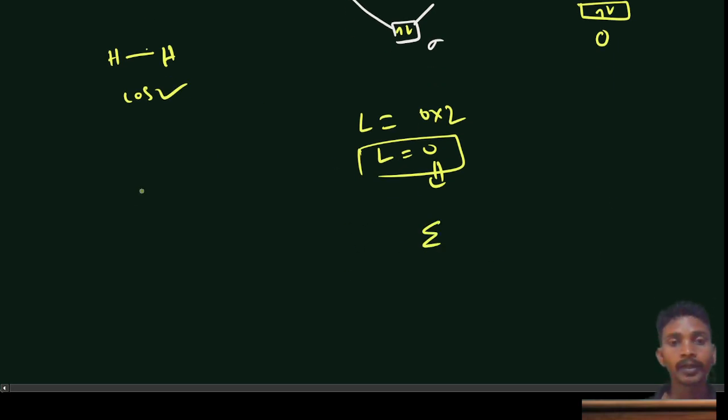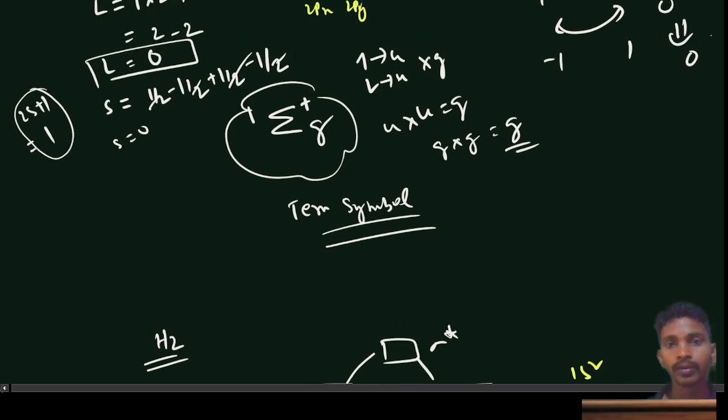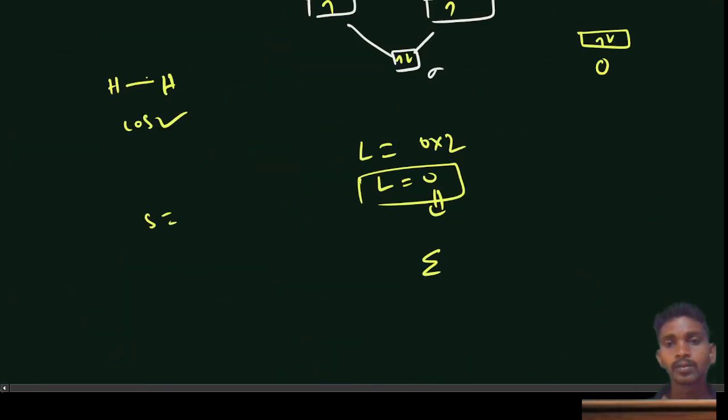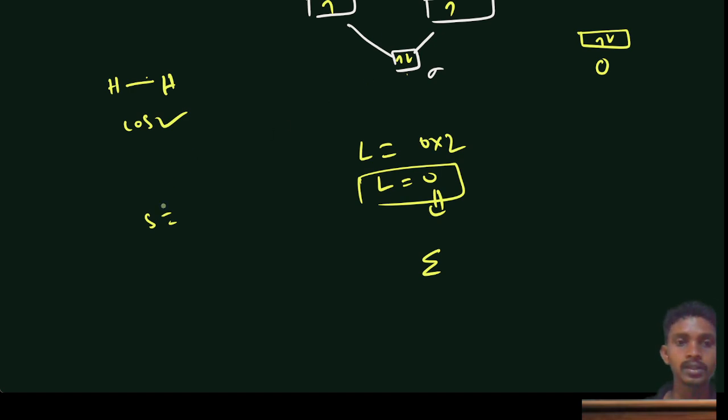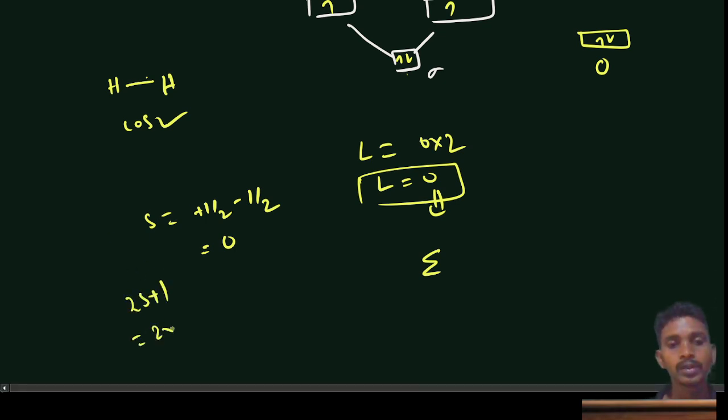After that, you look for the S value. S value is the summation of these electrons, so plus half and minus half, that is again 0. If S value is 0, then 2S plus 1 is 2 into 0 plus 1, that is going to be 1. Okay, so this is 1.